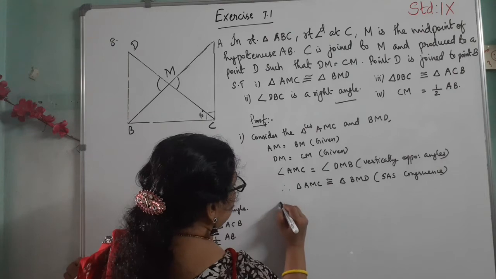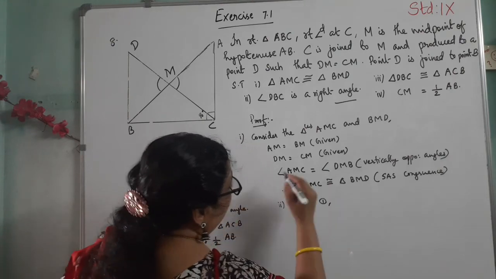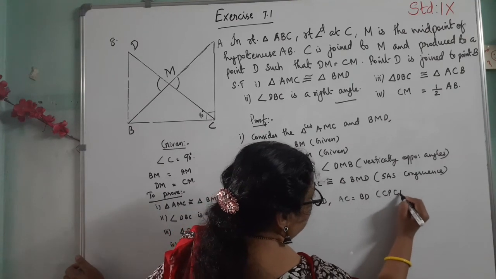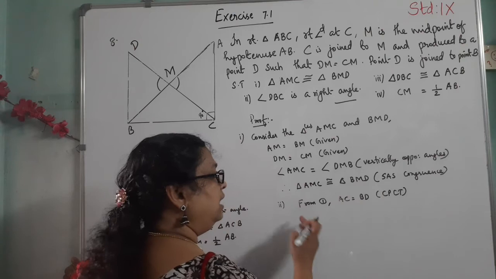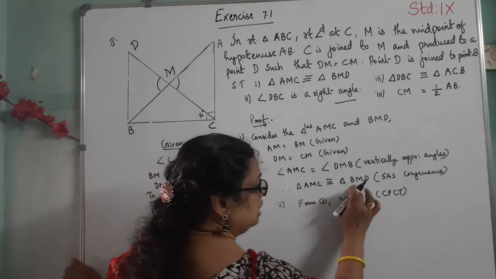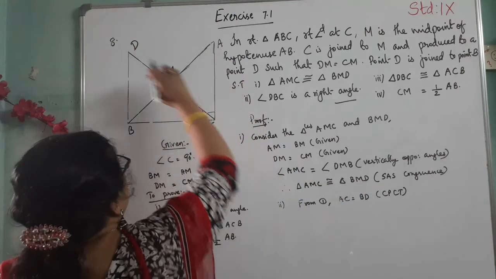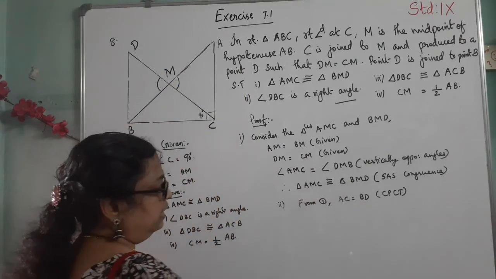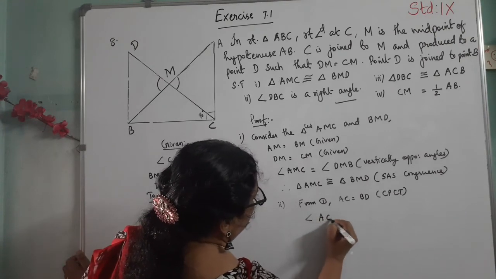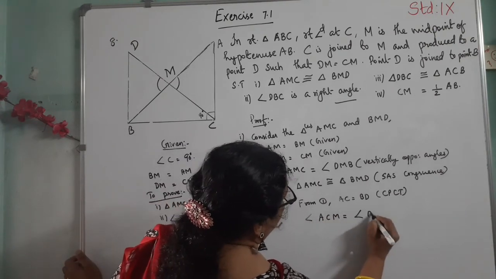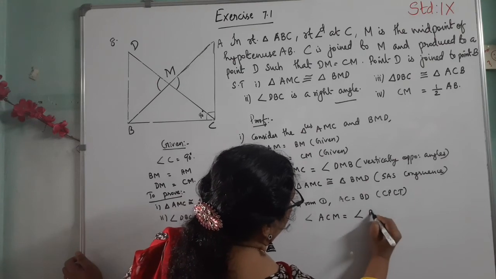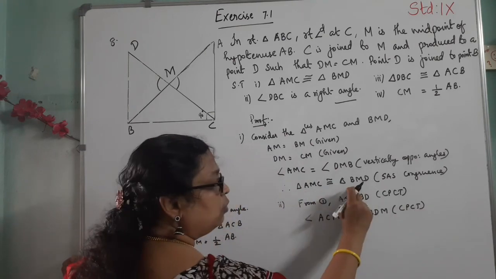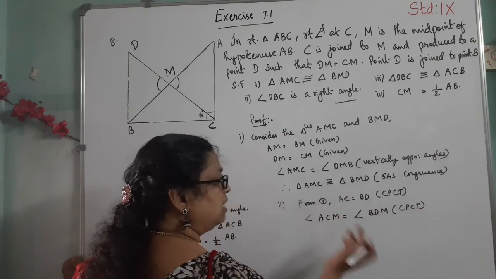Then the second part: from 1 we can write AC is equal to BD, that is CPCT. AMC and BMD are congruent triangles, so AC is equal to BD, corresponding parts of congruent triangles. Angle ACM equals angle BDM. This is also CPCT, corresponding angles are also equal.